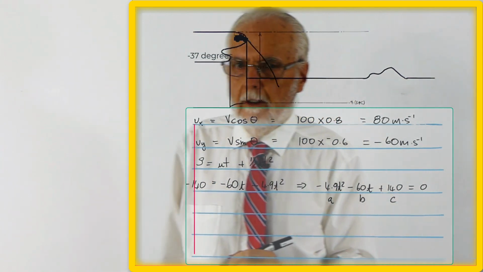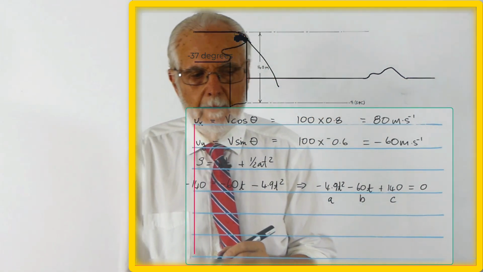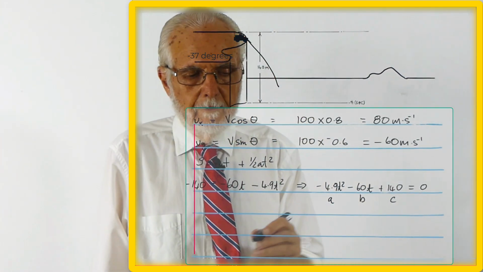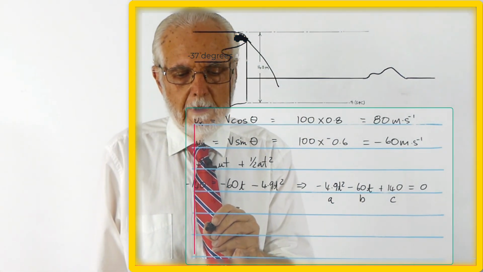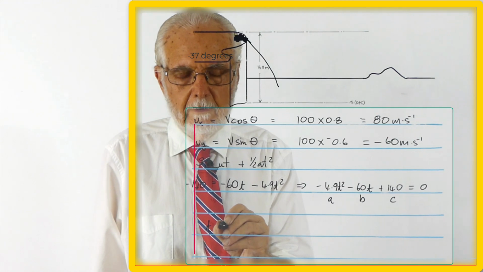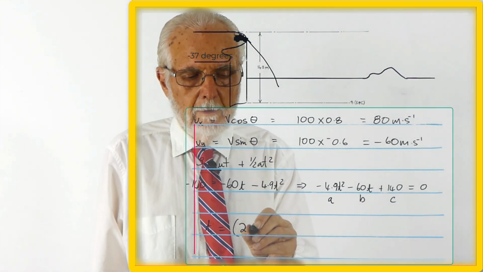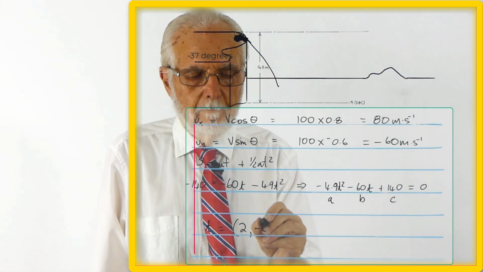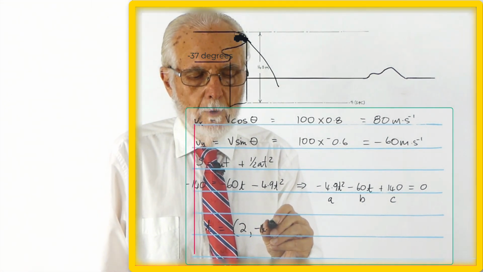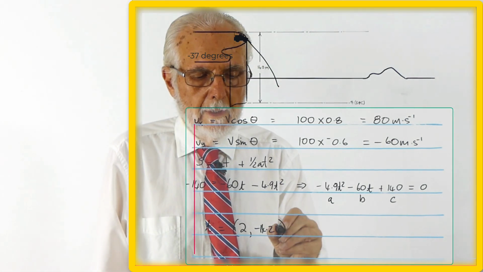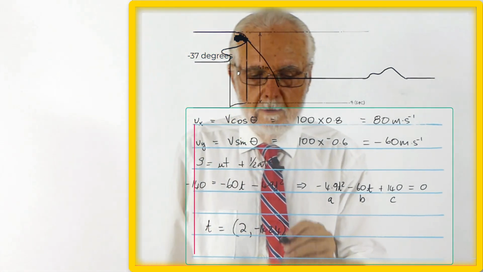So plugging those into our graphics calculator and solving gives us 2 times again, t is either 2 seconds or negative 14.24 seconds, which we reject.